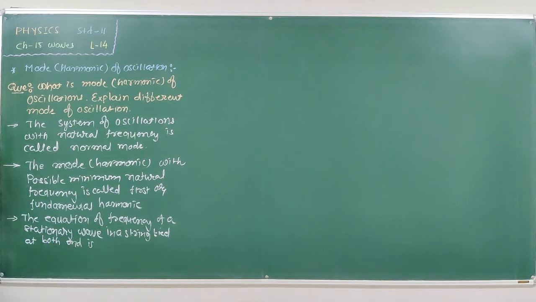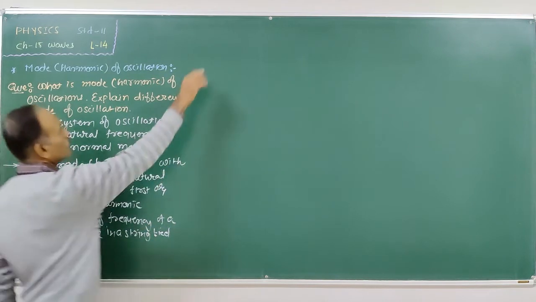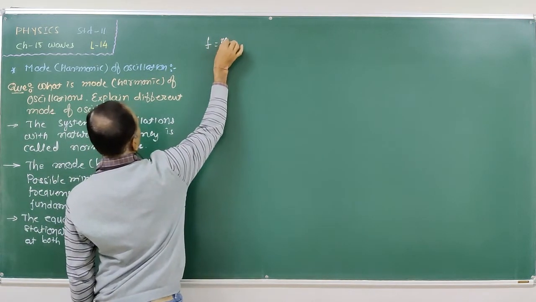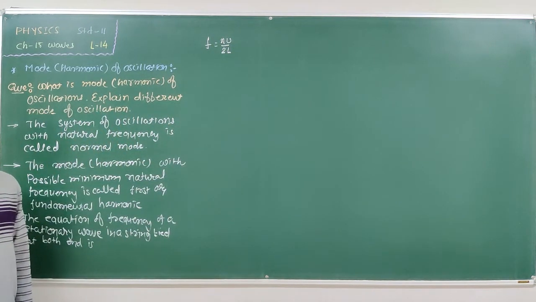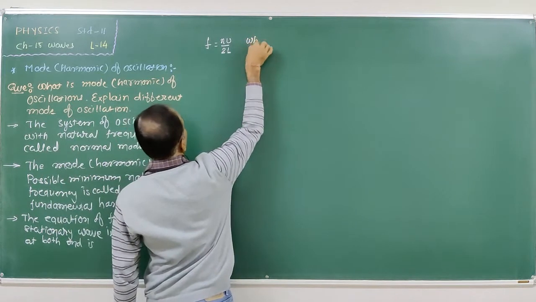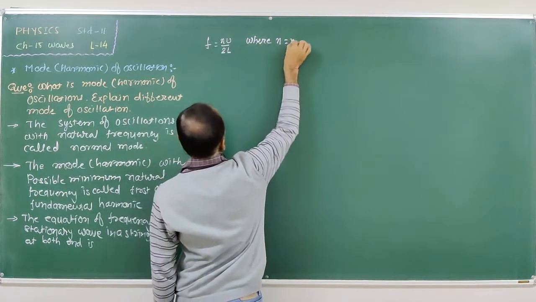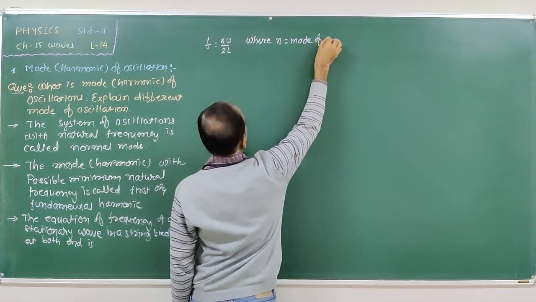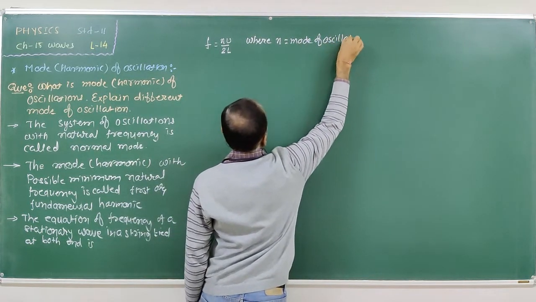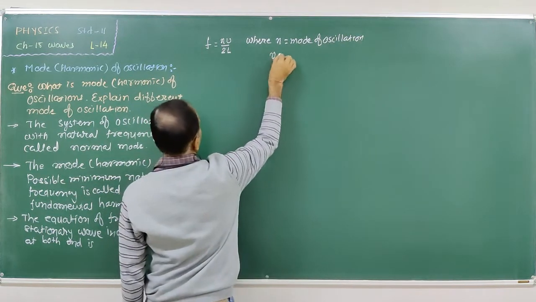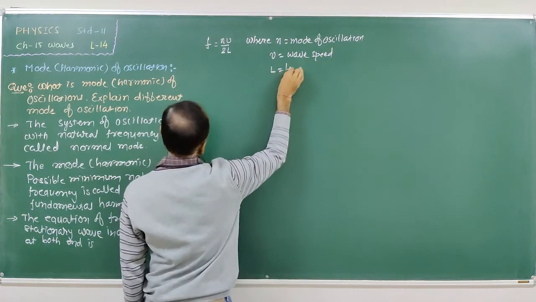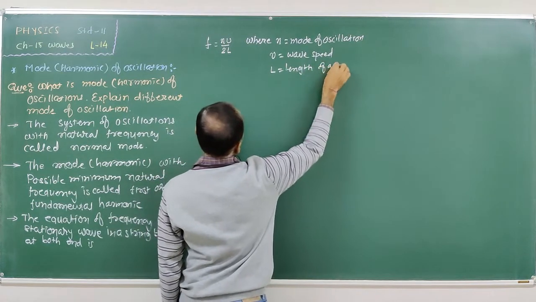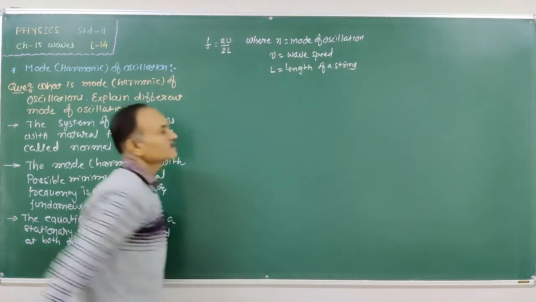We know the equation of the frequency: f is equal to nv upon 2L, where L is the length of the string, v is the wave speed, and n is the mode of oscillation.